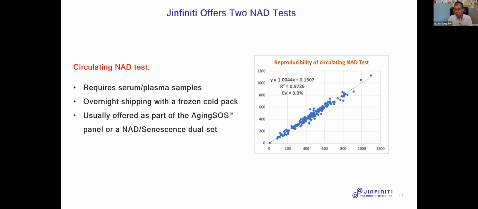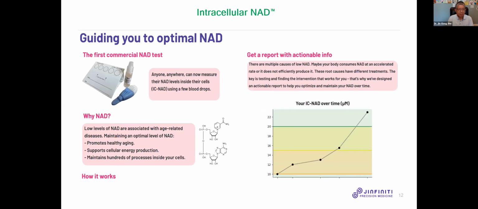You see a correlation plot between duplicated tests, and our R-square value is 0.97. Our average CV is 3%. And we do all tests in duplicate, so your CV is about 1.5% on average. So the test works very, very well and is very stable.